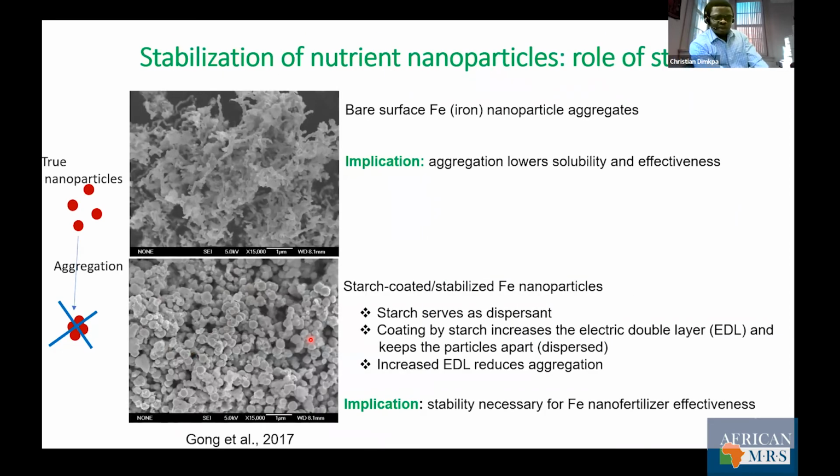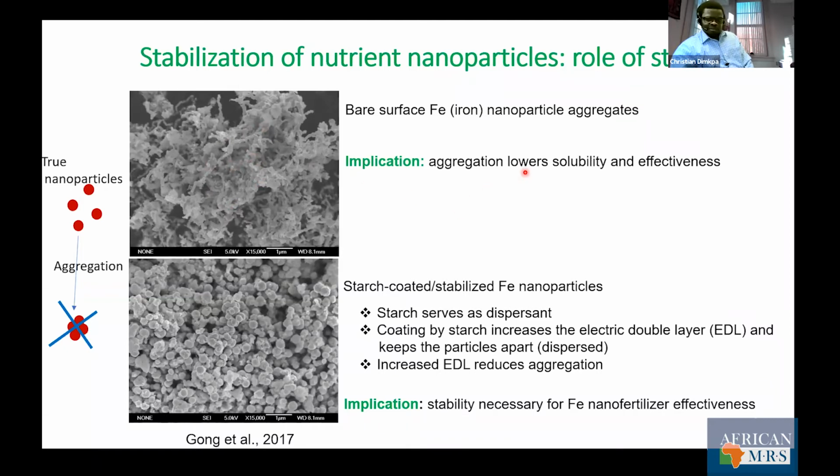So how can we stabilize nanoparticles in a very simple way? This fellow here showed that what you want to do is to prevent these particles from aggregating. You don't want them to come as clumps because that reduces their efficiency. So these are iron nanoparticles produced, clumped up, aggregated.